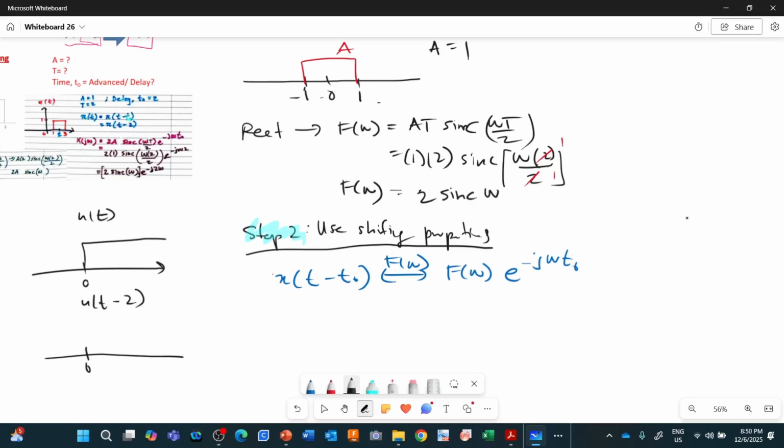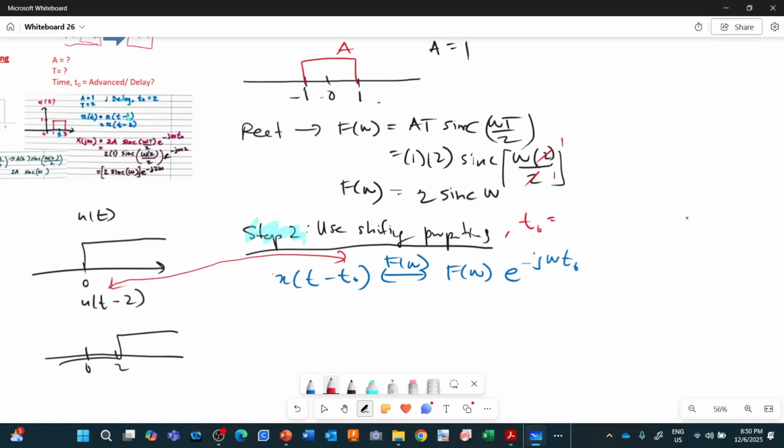It is going to shift to the right side by 2, becoming like this. Why I'm telling you this is, you are going to compare this with this equation. Based on this understanding, what is your T naught value?